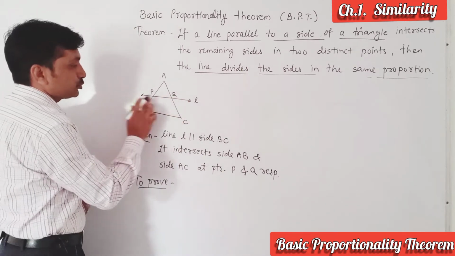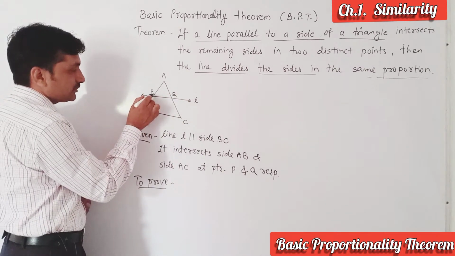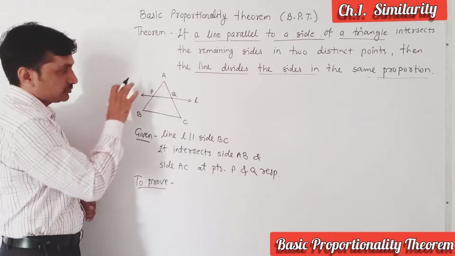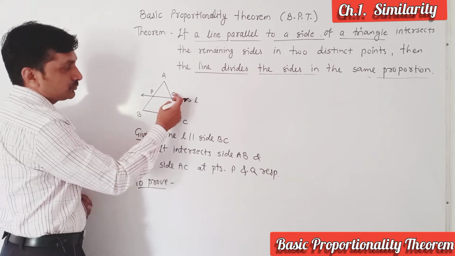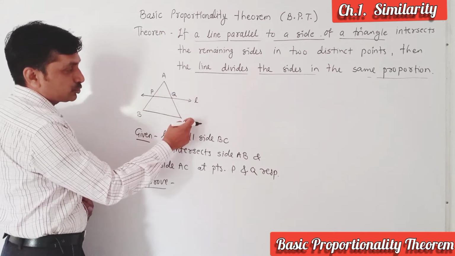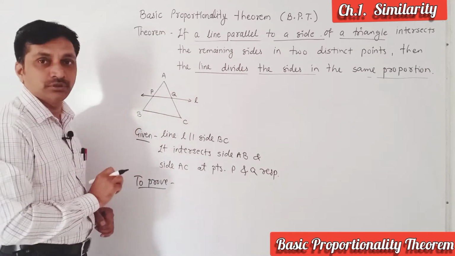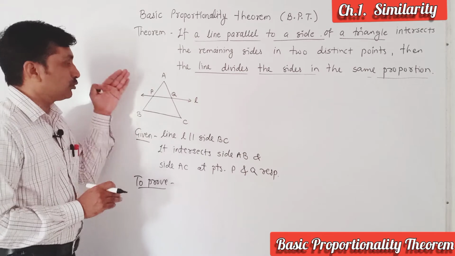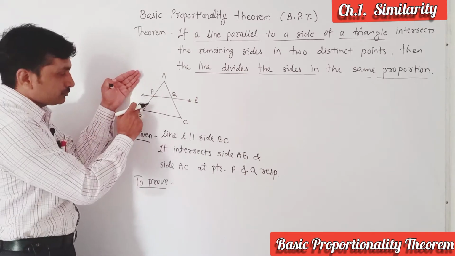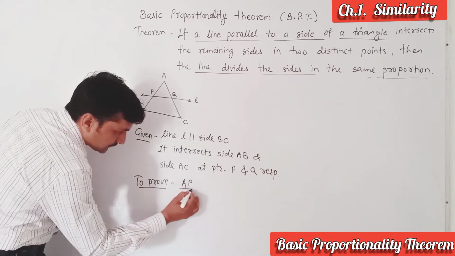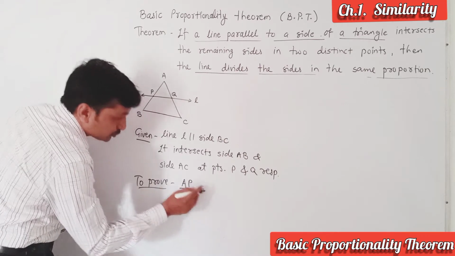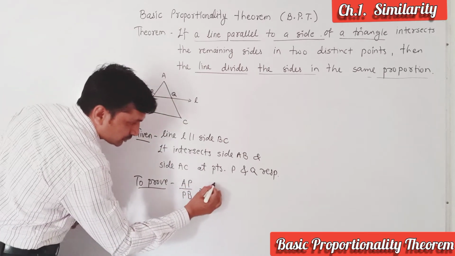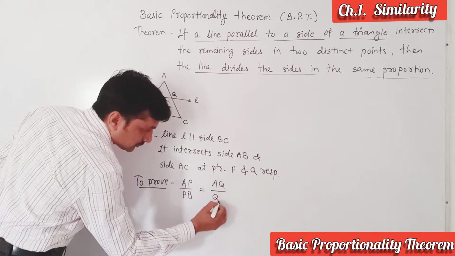Due to this line, AB is divided into two segments, AP and PB, and due to point Q, AC is divided into AQ and QC. We have to show that the ratio of this side is equal to the ratio of this side: AP upon PB is equal to AQ upon QC. We have to prove this.